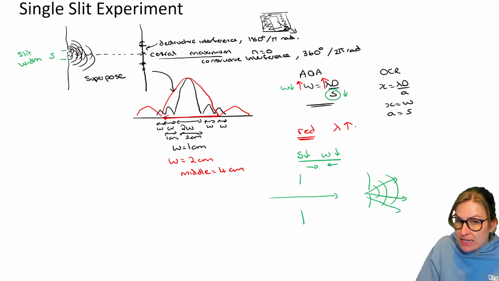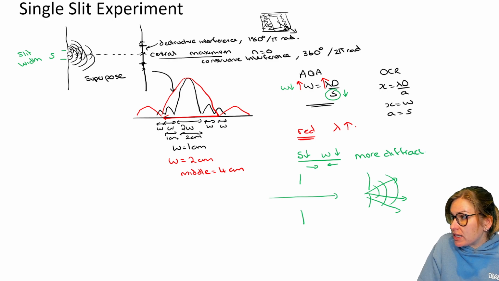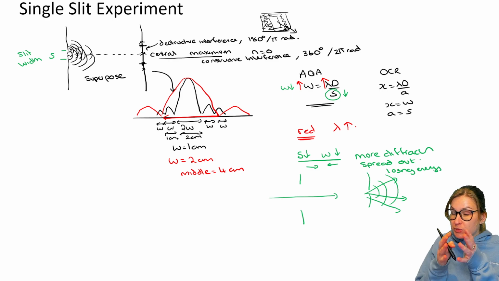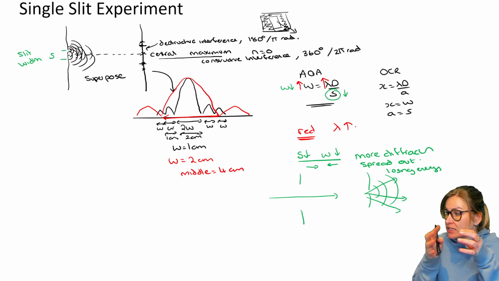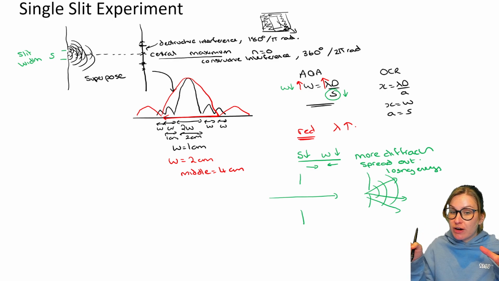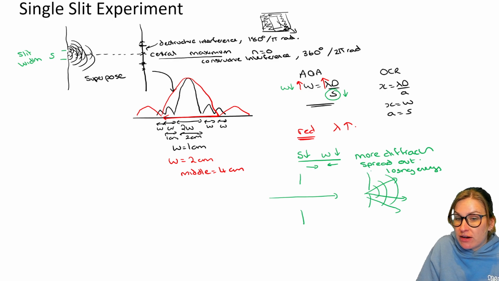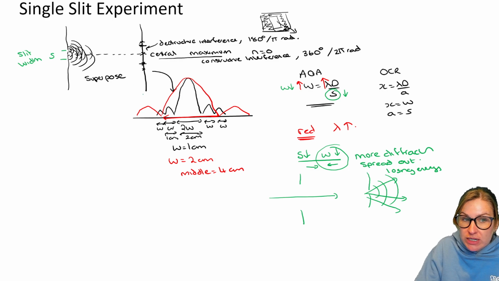If I get more diffraction, my rays are going to spread out more, which means we're losing energy. If I spread the wave out more, it's going to be less intense. The energy is spread out over a bigger area, so we're not going to have as big an intensity. So yes, W is going to decrease, but we're also going to have a lower intensity.